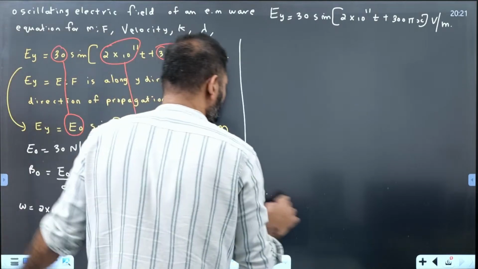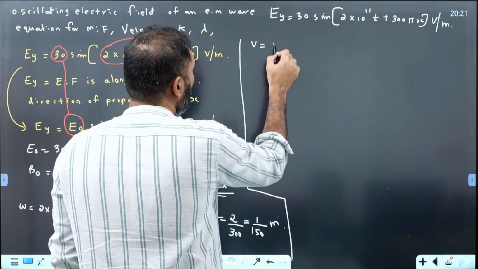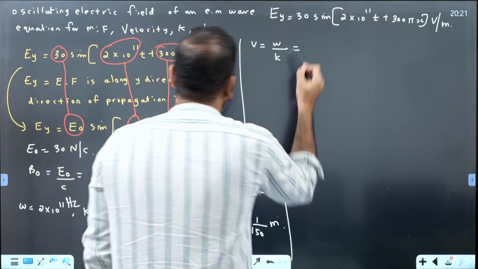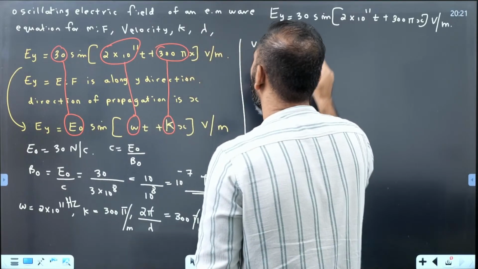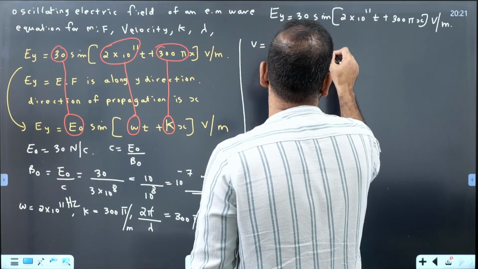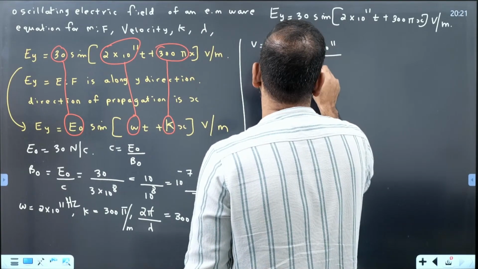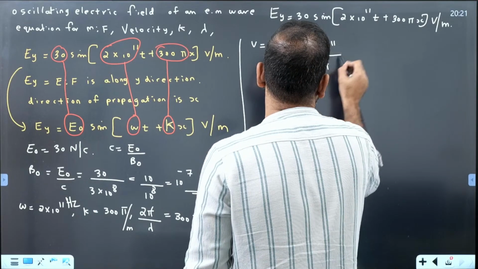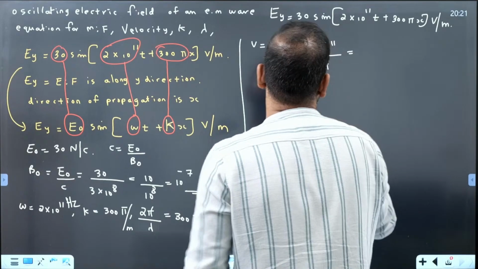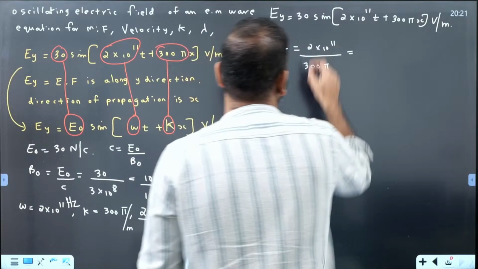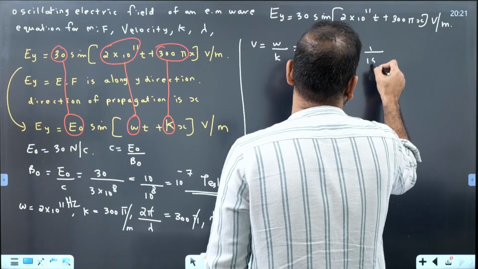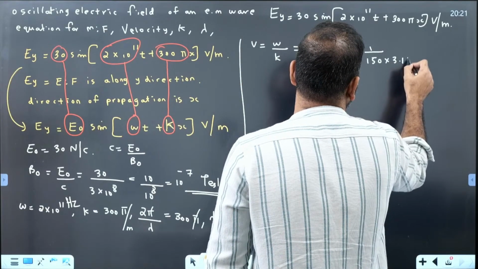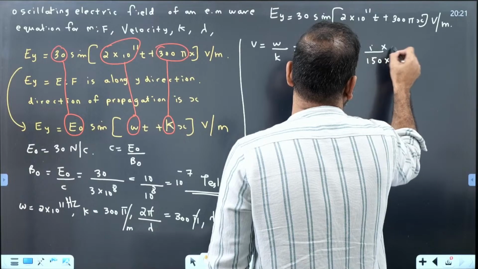Now, I can find out velocity. What is velocity? Omega by k. Omega is 2 into 10 raised to 11, divided by k, which is 300 pi. So this 2 by 300 is 1 by 150, into 3.14 into 10 raised to 11.